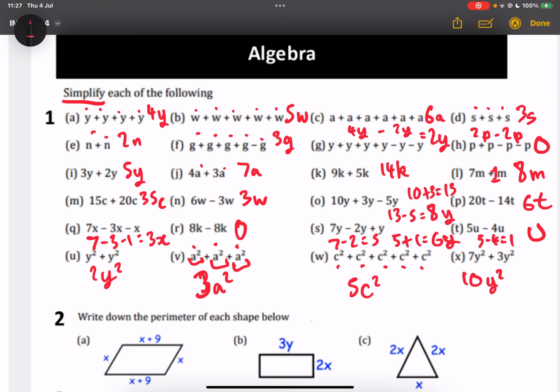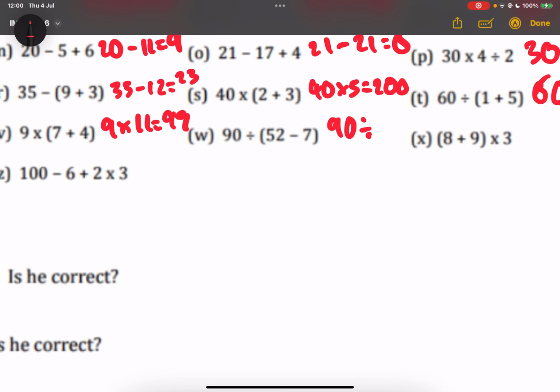Then 60 over 6 is 10. 15 over 5 is 3. This is 9 times by 11, it's 99. This is 90 divided by 45, which is 2.